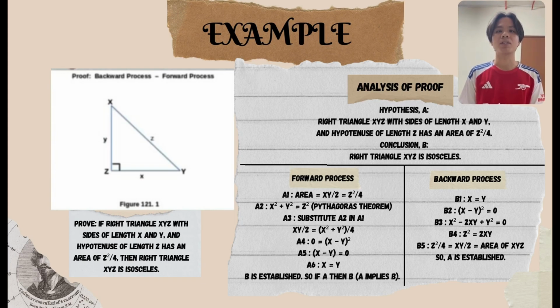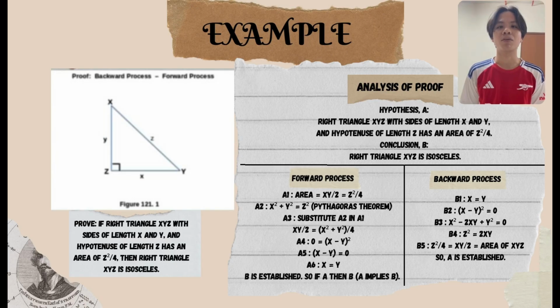And then we substitute z squared into the equation and simplify. This gives (x minus y) squared equals 0, which implies x equals y. Therefore, B is established. So, if A then B, or A implies B.